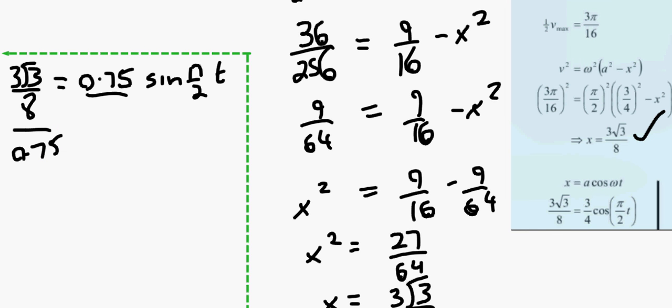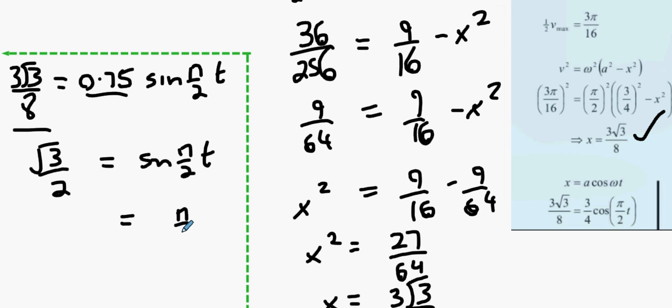Okay, that's what I'm going to do in the calculator. And I'm going to get root 3 over 2. I'm going to sine inverse my answer. Pi over 2 times t is sine inverse root 3 over 2.